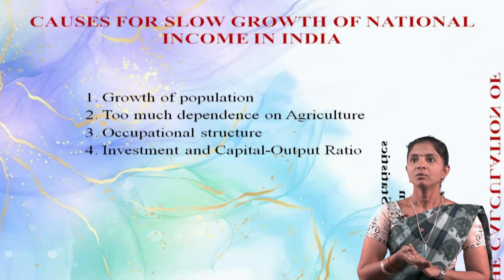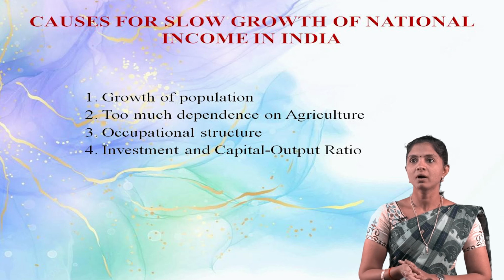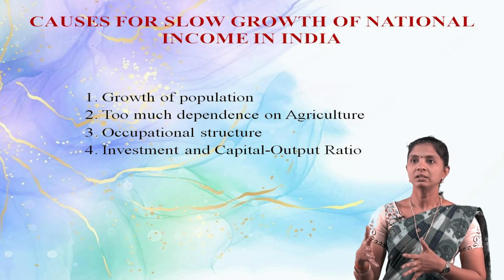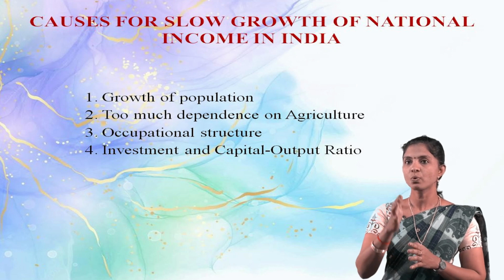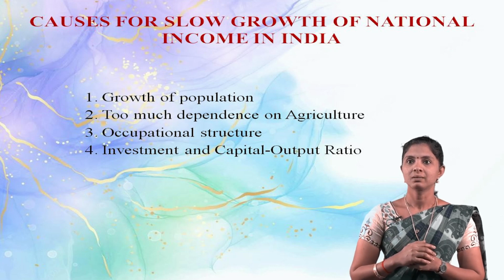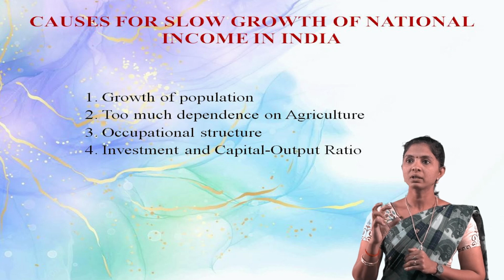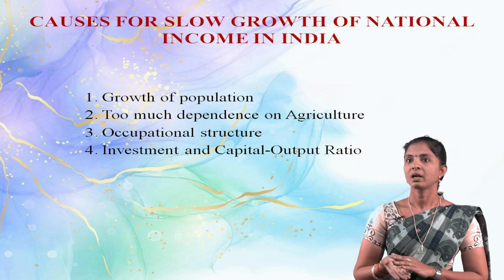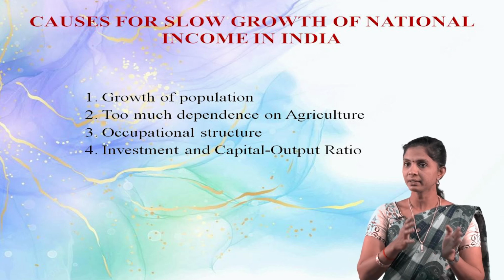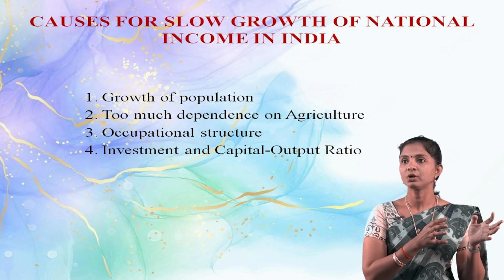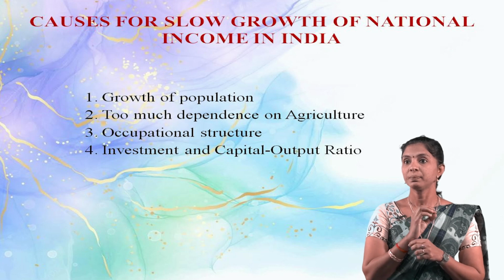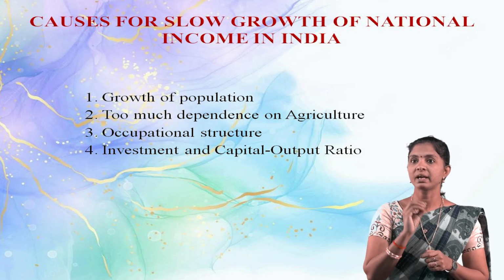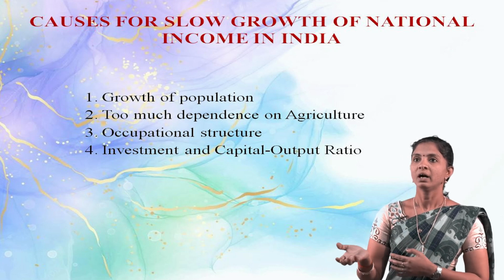Next, what are the causes for slow growth of national income in India? First one is growth of population. Population is an important determining factor in the economic growth of a country. The massive effort and huge investment toward development are dissipated largely to feed the increasing population of India.